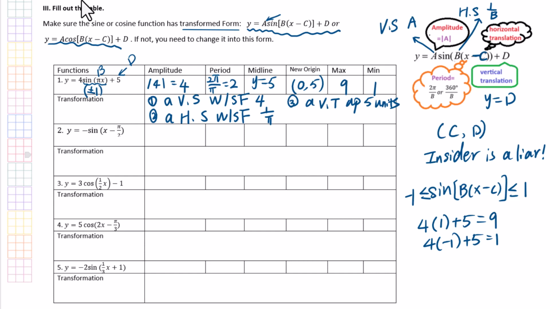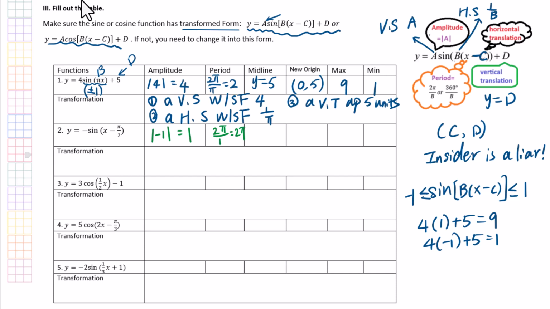Amplitude. A is negative 1, so absolute value of negative 1 equals 1. Period. 2 pi over b. The number beside x is 1. So 2 pi over 1 equals 2 pi.